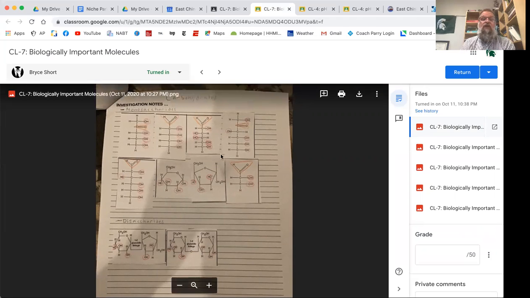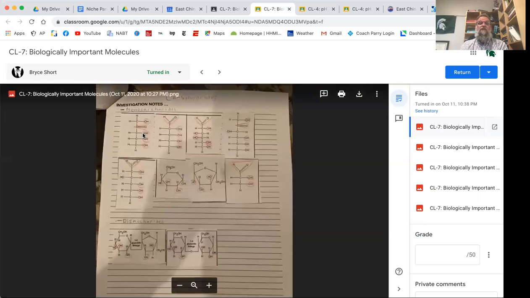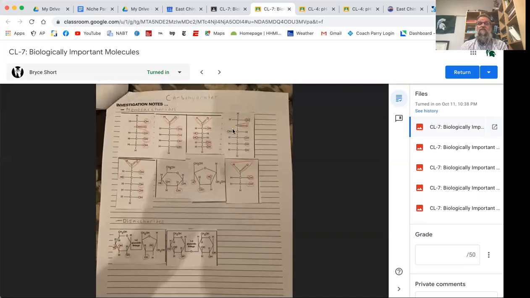The one thing I'll point out here is, if we look at the patterns, there is a lot of OHs. So if you see a lot of OHs, good sign it's a carbohydrate. There is always a ketone or aldehyde group, a carbon-hydrogen double oxygen bond.